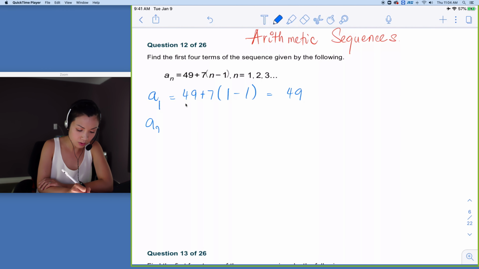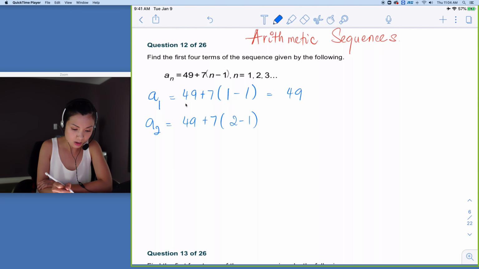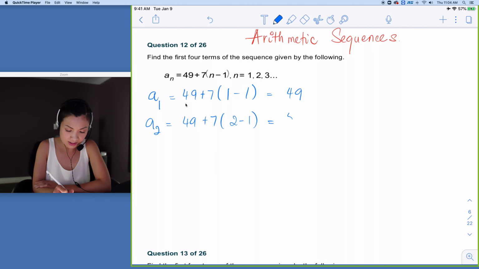And then a2 is going to be 49 plus 7(2 minus 1). So you're just replacing the number. So n is 2. And then so on. So we have 49 plus 7 is 56.